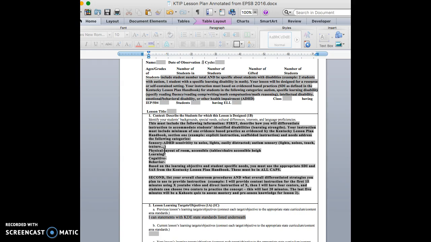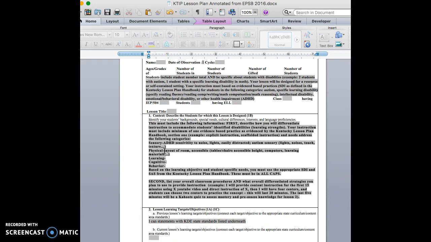Can the student access computers or learning materials? Anything you're going to have other students do, are those things that you're asking them to do accessible to all students?